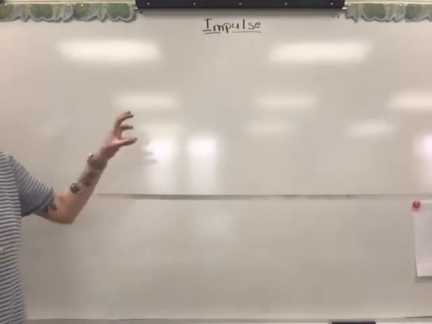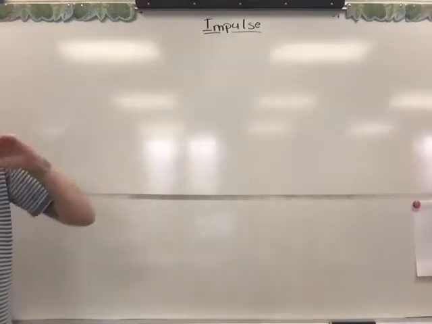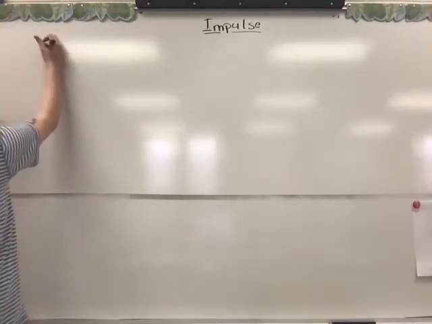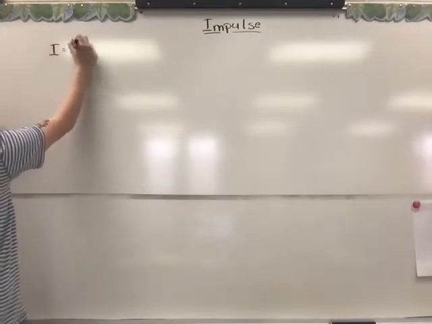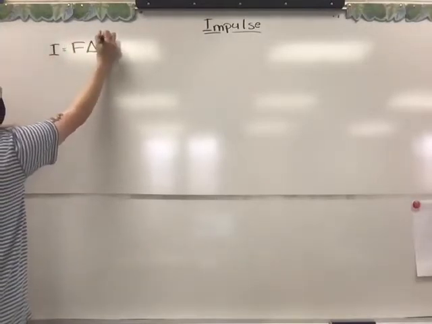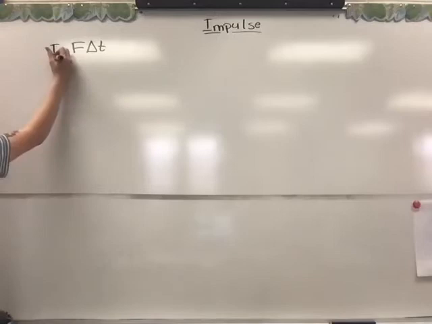So momentum was mass times velocity, right? Okay, impulse is going to be described as force times an elapsed time. So impulse equals force times delta t.